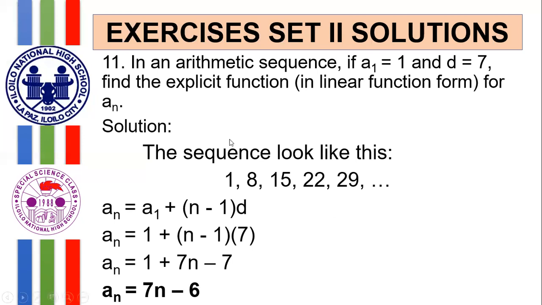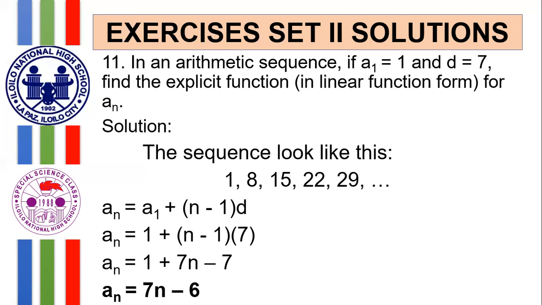And if you could see here, this is an equation in the first degree because the highest exponent of the variable n is 1. And if you could notice, the common difference here is 7, which is as well the slope of your linear function. That is how we relate your linear functions with your arithmetic sequences. I hope you got it.